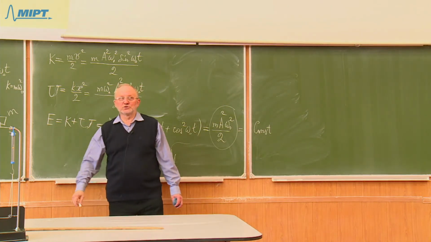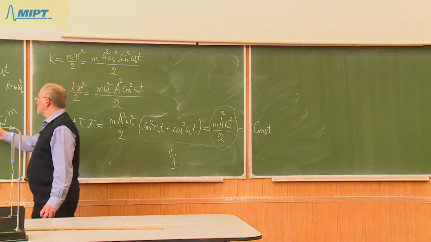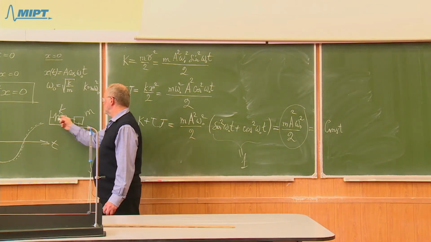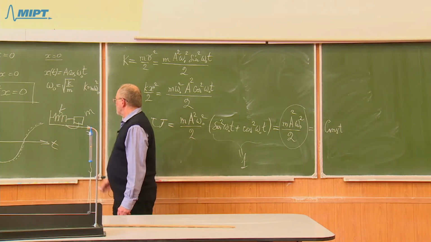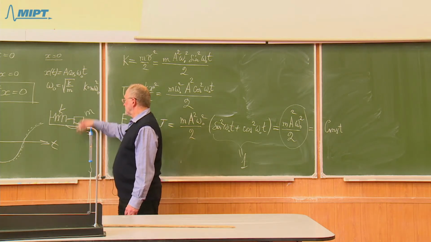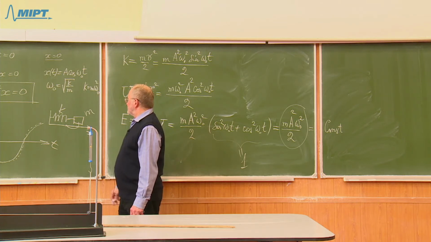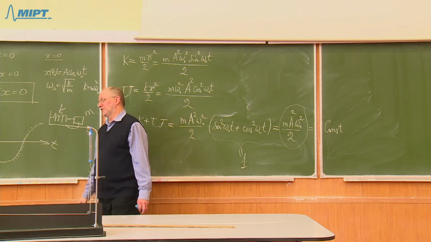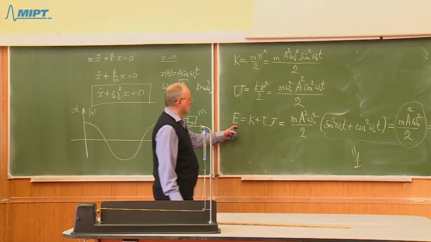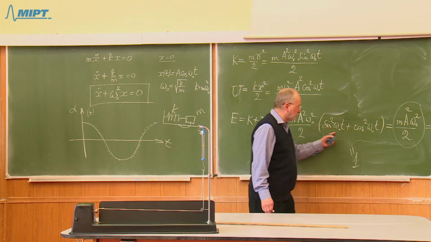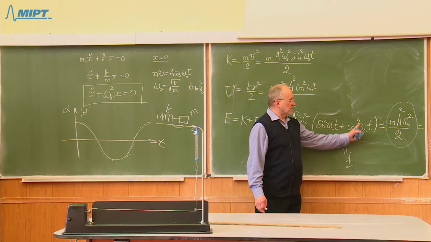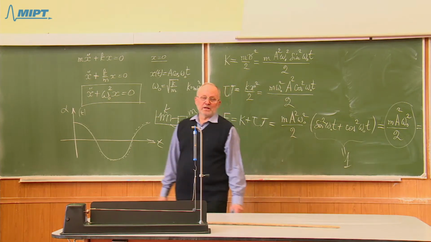Total energy is conserved because there are no forces of friction, only conservative forces are present here, the force from the spring, and the forces acting in vertical direction are compensated, they are cancelled, and there are no forces of friction, and therefore the energy of motion is conserved, and the total energy must remain constant. And that's why it will remain constant, because sine squared plus cosine squared is always a unit.